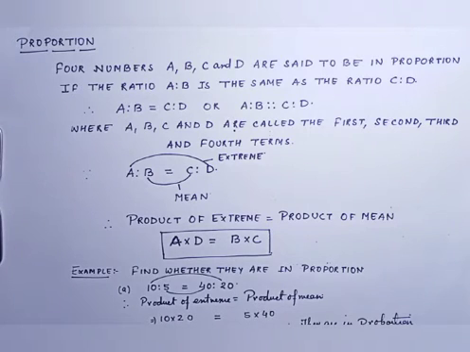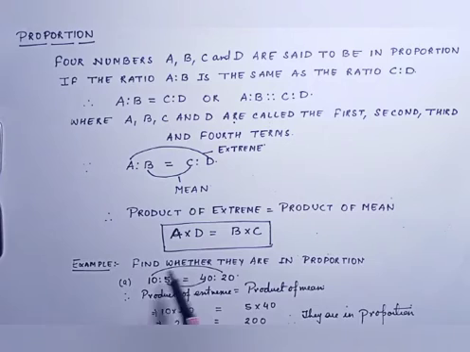Product of extreme is 10 into 20, which is equal to product of mean, 5 into 40. When you multiply, you get the product same as 200 on both the sides. This shows that all the four terms are in proportion. I hope it is clear to everyone.